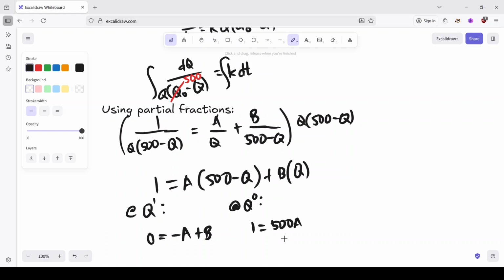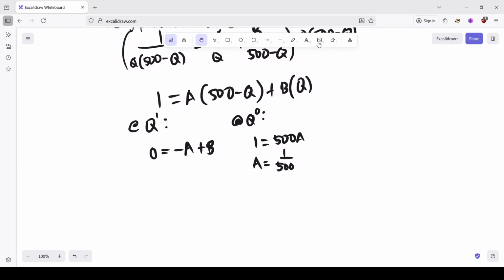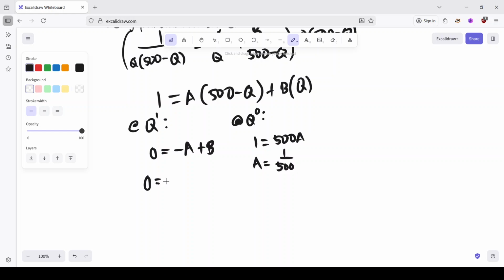So the first thing we can solve, A is equals to 1 over 500. Now to solve for B, let's substitute this A value here. So 0 is equals to negative 1 over 500 plus B. So therefore, B is also 1 over 500.